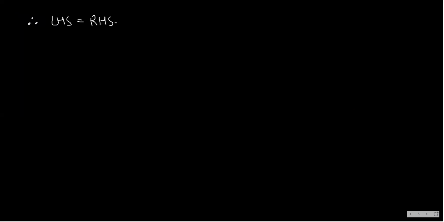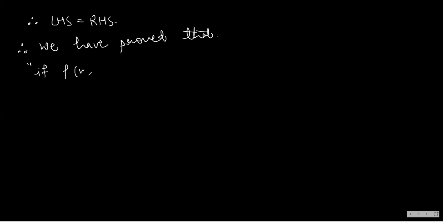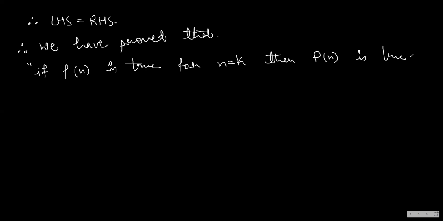So what we have proved here, students, therefore we have proved that, see, the second step always starts with: if P of n is true for n equals k, then P of n is true for n equals k plus 1.